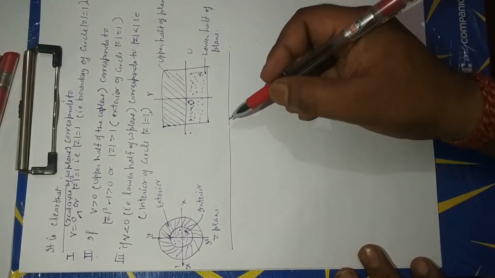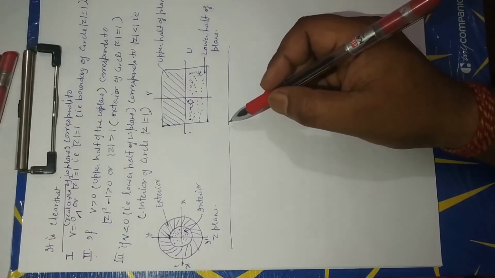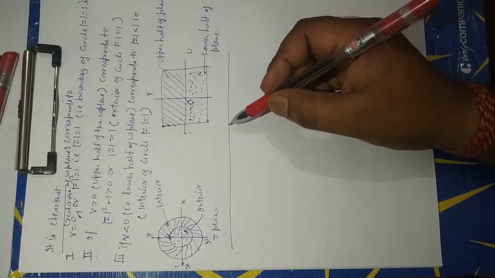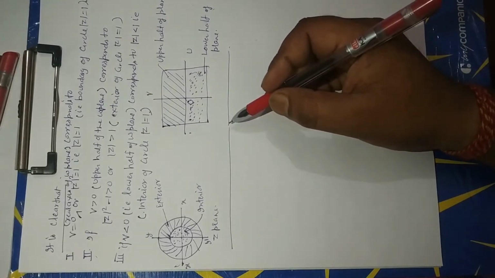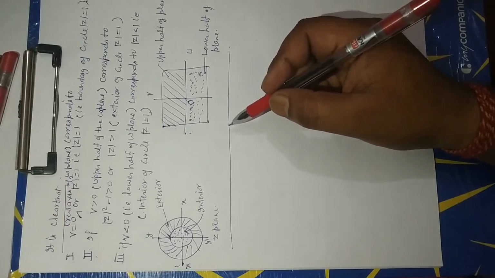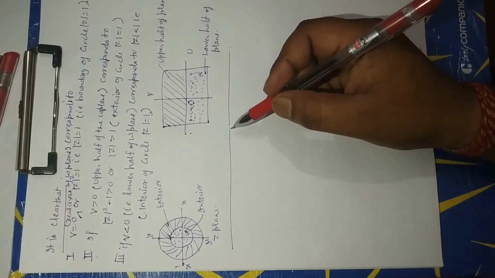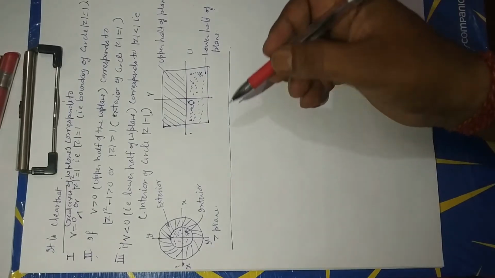Now we can say the given transformation transforms the upper half of the z plane onto the upper half of the W plane, and the lower half corresponds to the interior area of the unit circle.